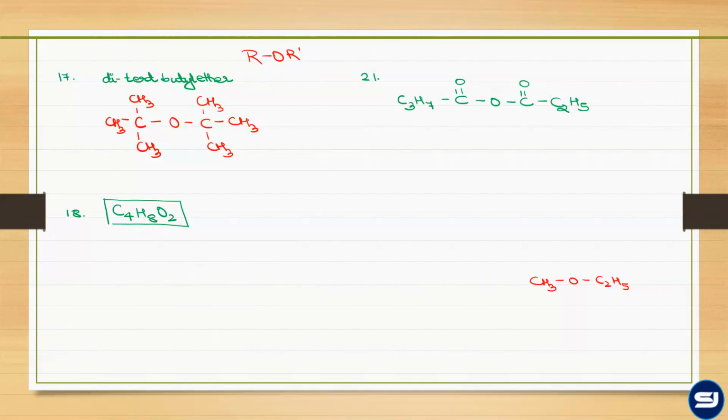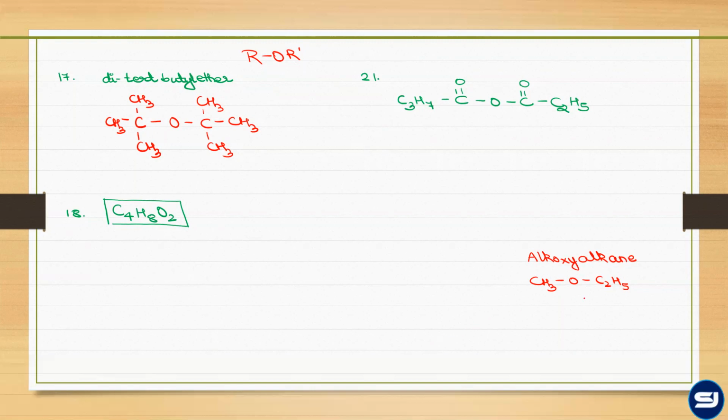Ether as a functional group has the least priority, and that's why it is always considered to be a substituent. Ether as a substituent is named as alkoxy, alkyl with oxygen, alkoxy. And that's why the IUPAC name of ether is alkoxy-alkane.